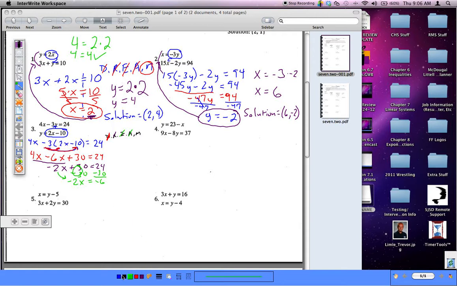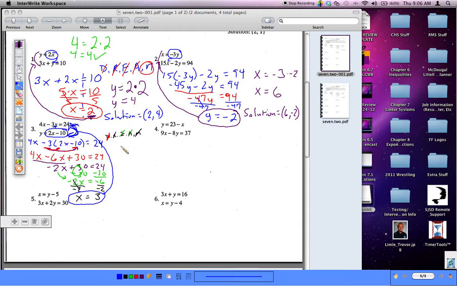And my final step would be multiplication, division. I'm all out of colors, so we'll do that in black. And divide by negative 2, divide by negative 2. X in this situation would equal positive 3. Now we need to take this positive 3, and we substitute it back into either situation, one or the other, doesn't matter which.